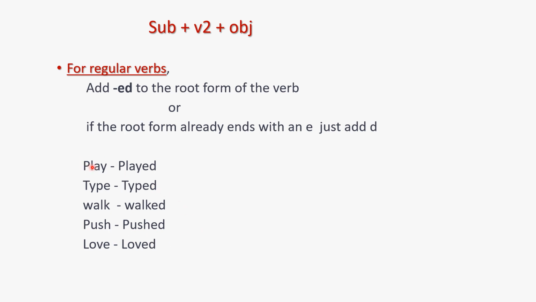In this verb, this word ends with e. We add only d. Look at here. If the root form already ends with an e, just add d. Add ed to the root form of the verb. These are the regular verbs.